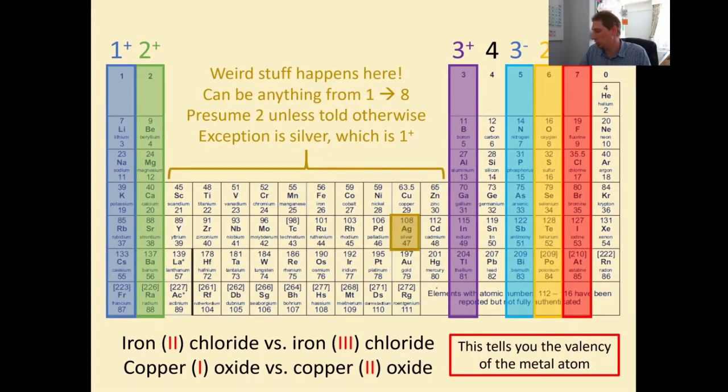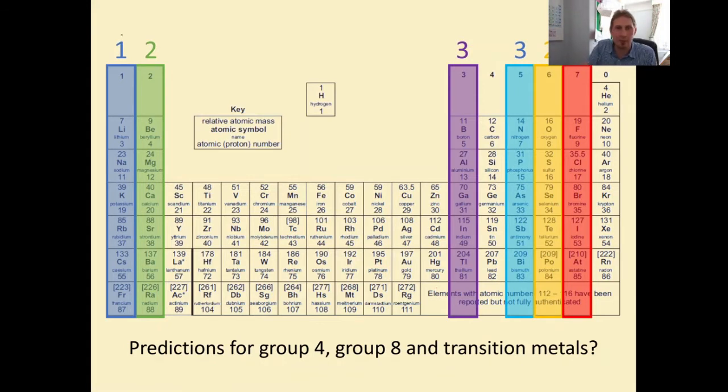So you should, I'll go back here, you should be aware 1+, 2+, 3+, 1-, hidden under me, 1-, 2-, 3-. Okay, so what about group 4, group 8 and the transition metals?